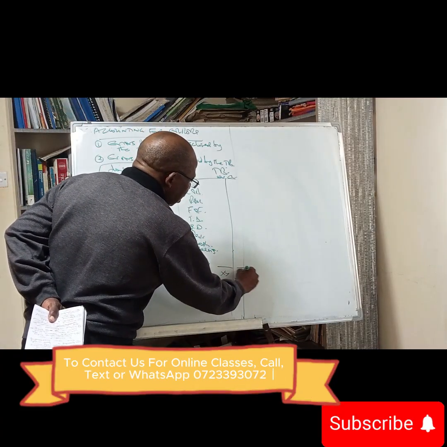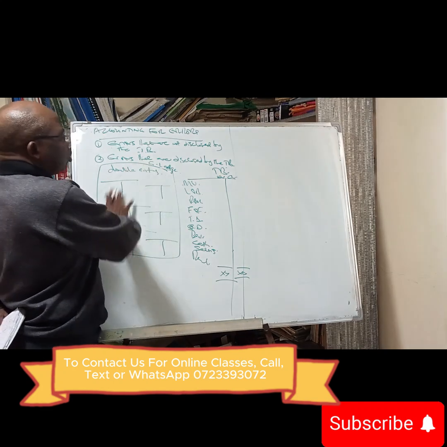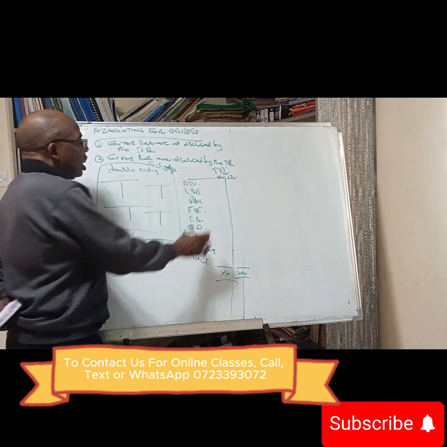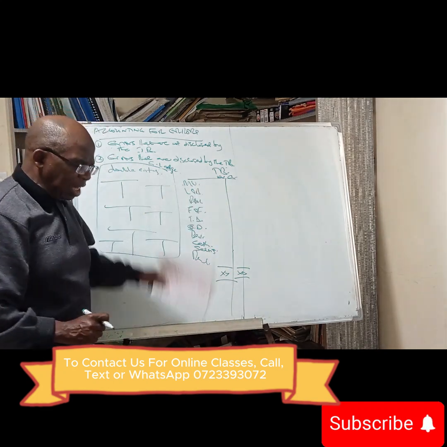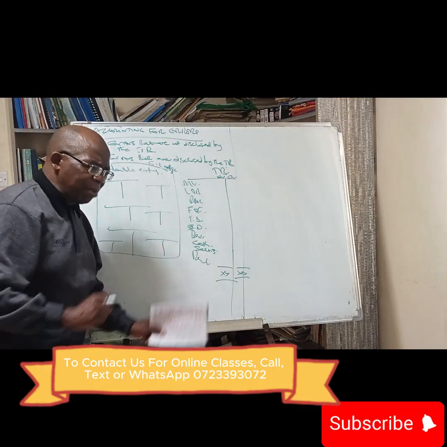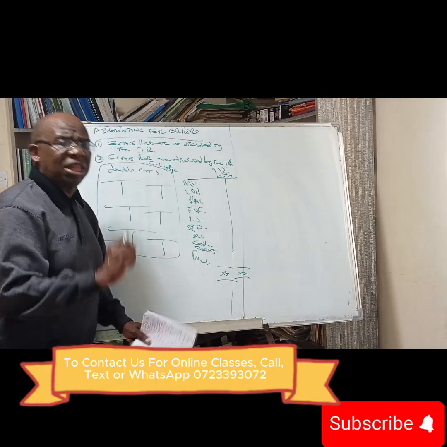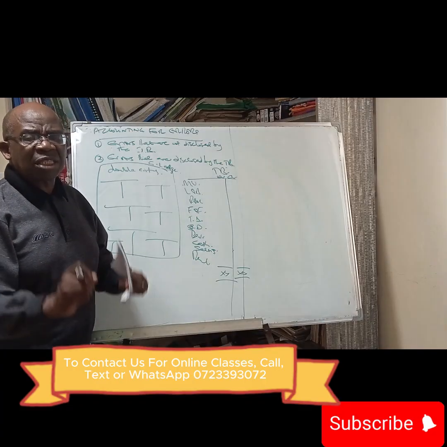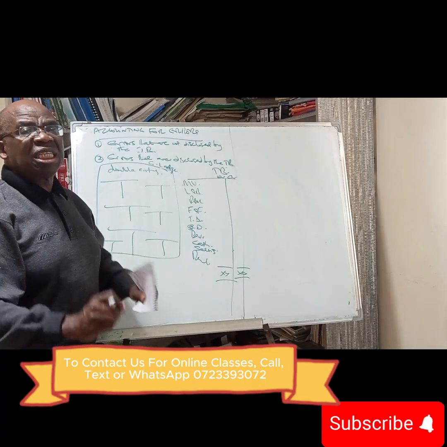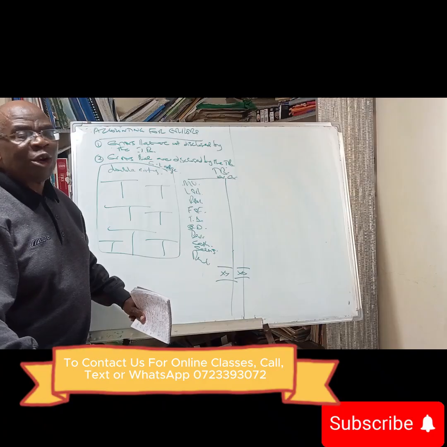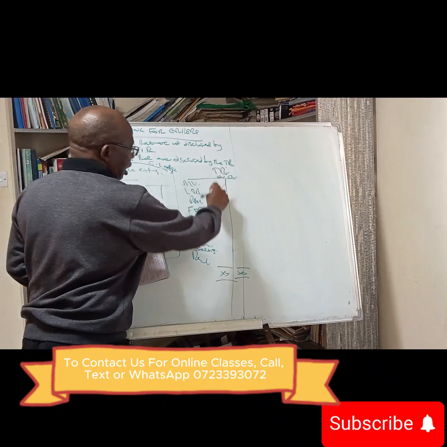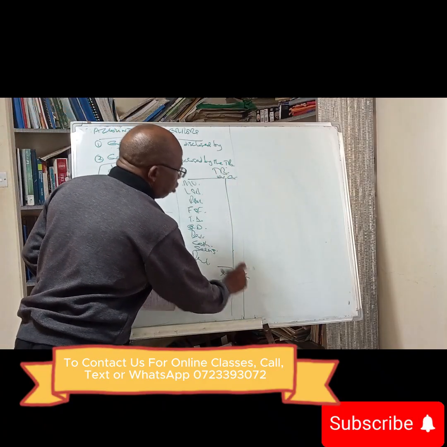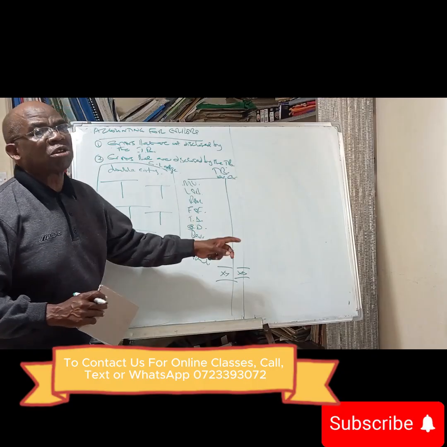If the postings were correctly done, and for every debit there was a corresponding credit, it means that the balances in the accounts will end up giving us total debits equal to total credits.